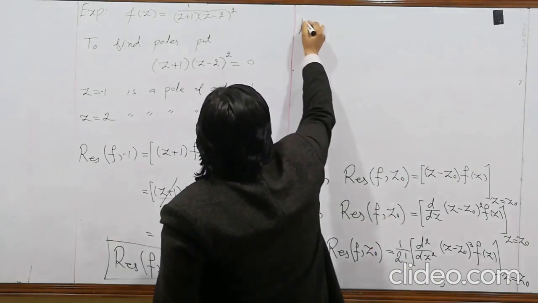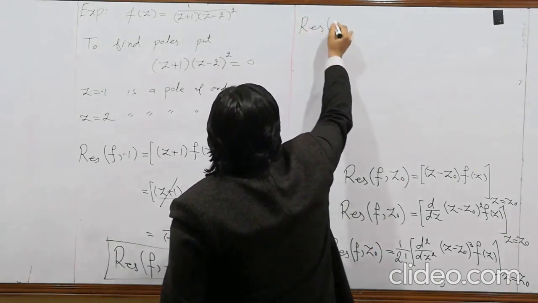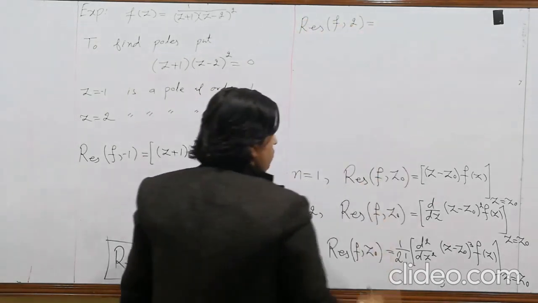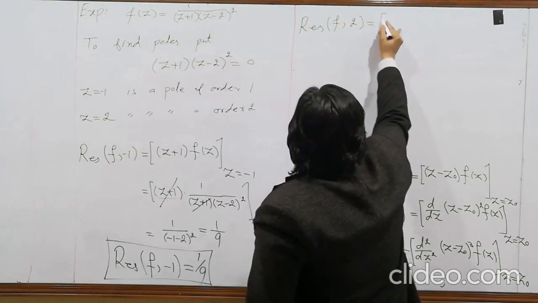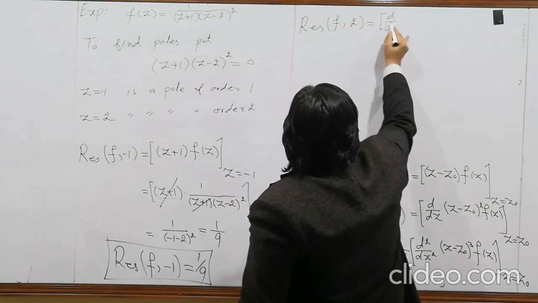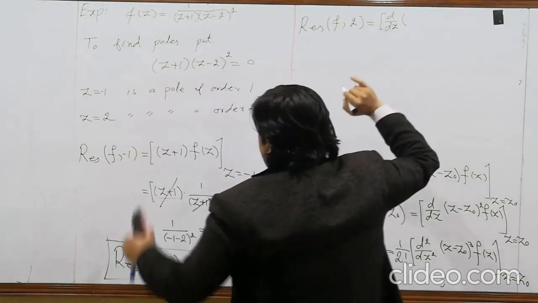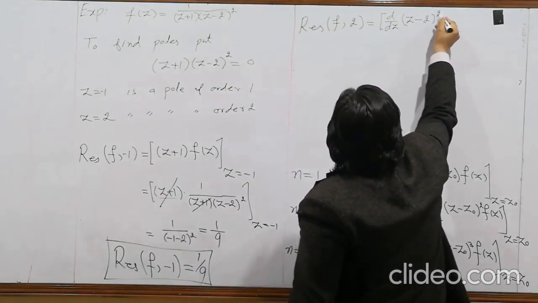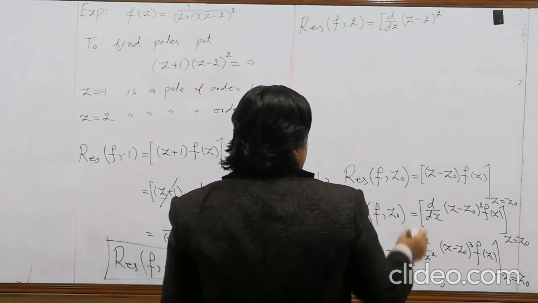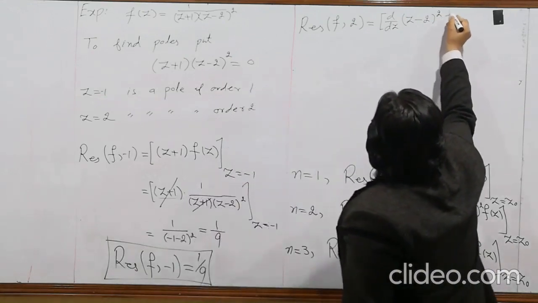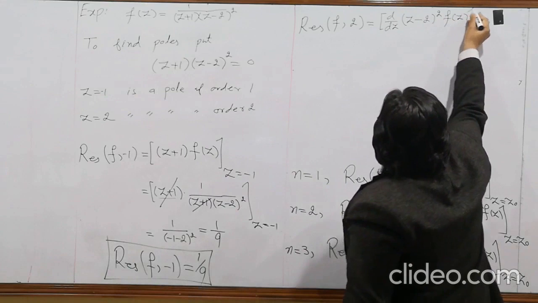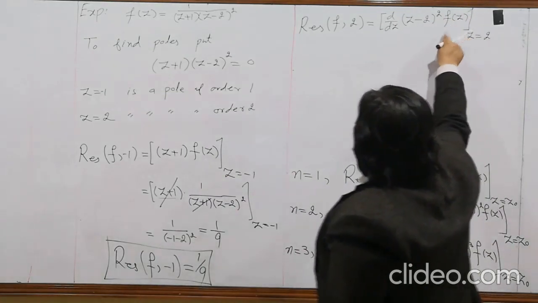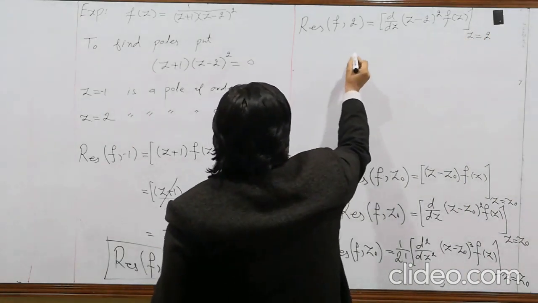So the residue of the function f at the point 2 is equal to d by dz of z minus 2 whole square into the function f of z at the point z is equal to 2. Now just put the value of f of z.